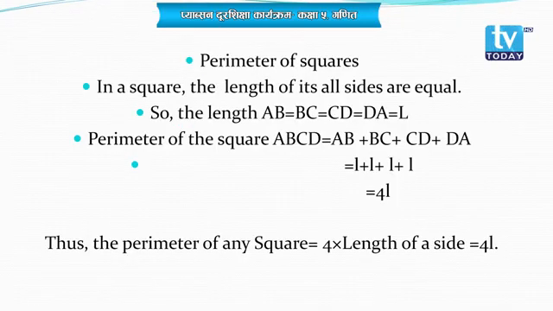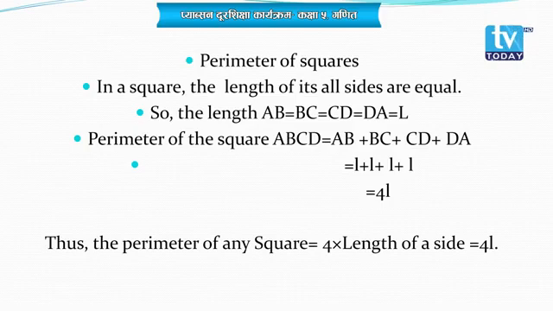In a square, all the sides are equal. That means the lengths of all its sides are equal. So the lengths AB, BC, CD and DA equal L. That means all sides are equal, so we can give the name L, which denotes the length.